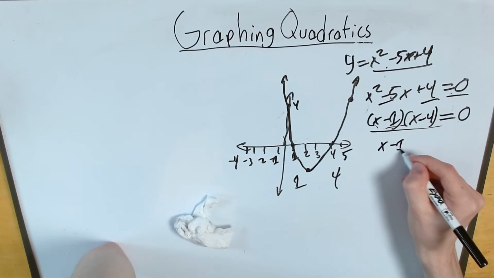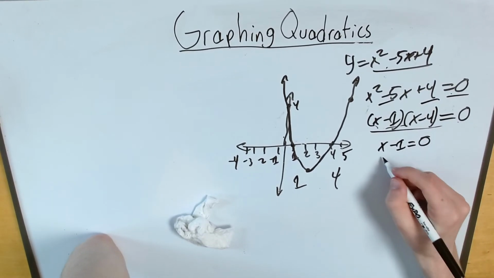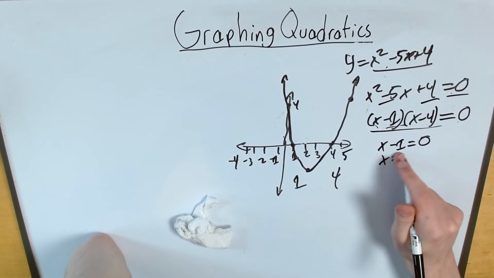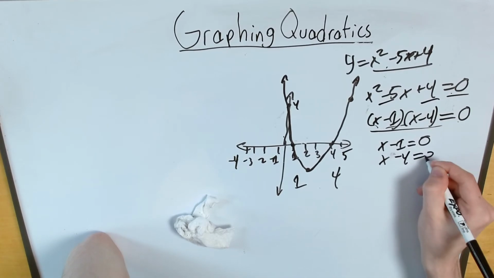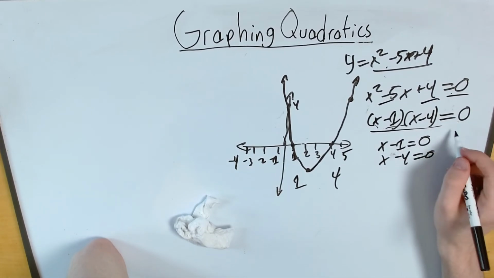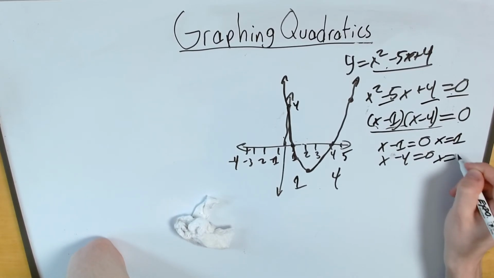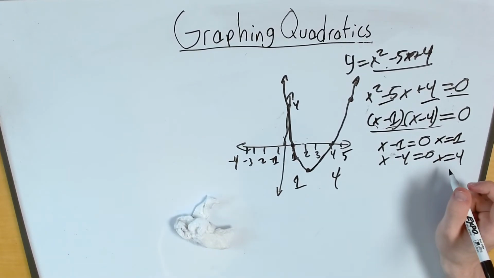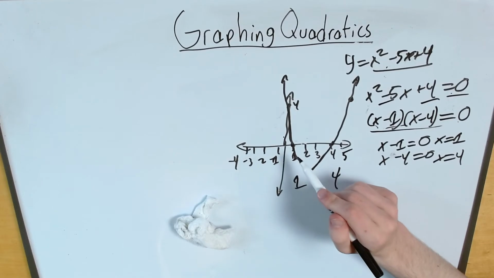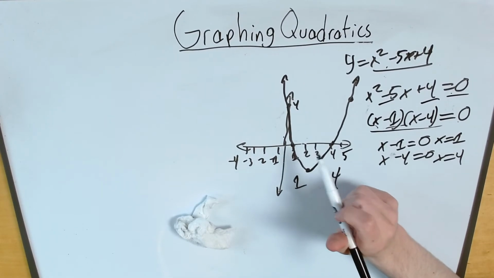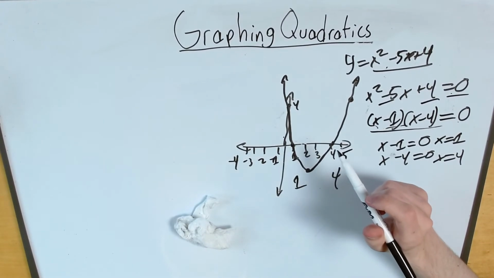So x minus 1 could be 0. x minus 4 could be 0 as well, right? So if we simplify these equations, we just get x equals 1 and x equals 4. And sure enough, those are the exact places that the graph becomes 0.